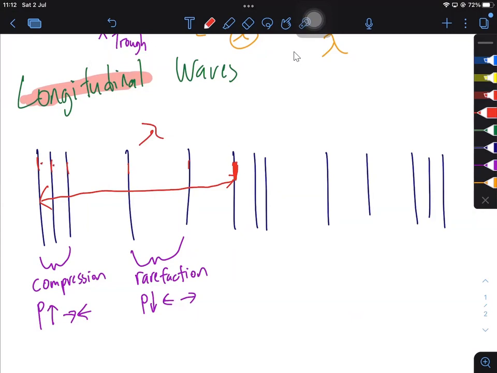It should be compression, rarefaction, repeat, compression, rarefaction, repeat. So it is either going to be compression to compression, or rarefaction to rarefaction here, guys.